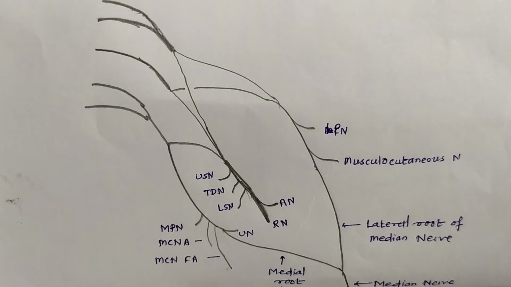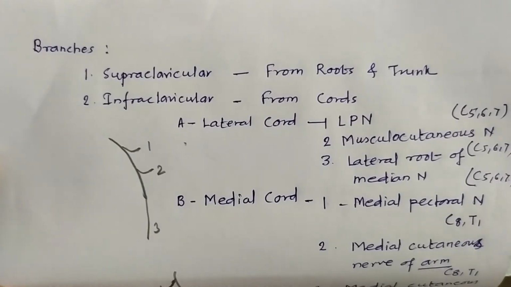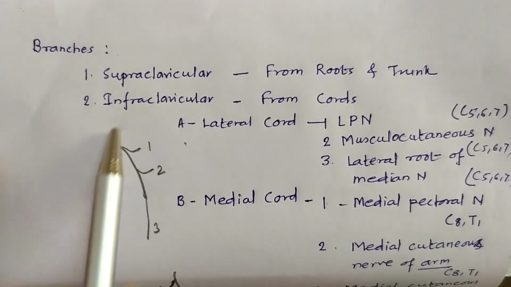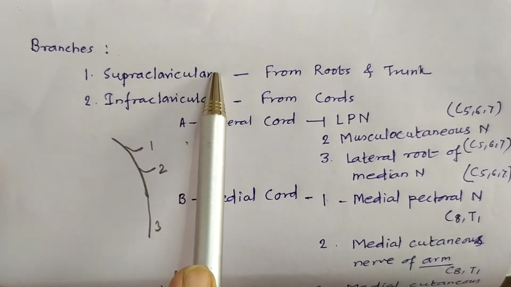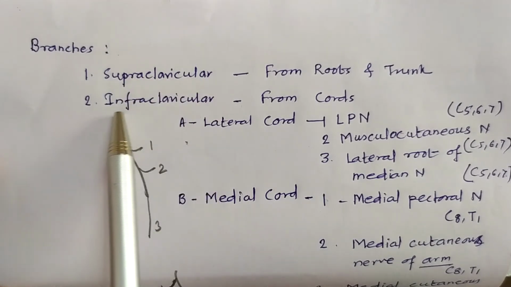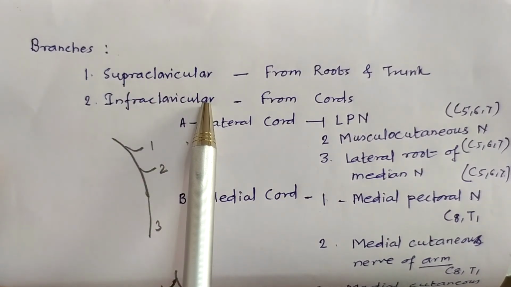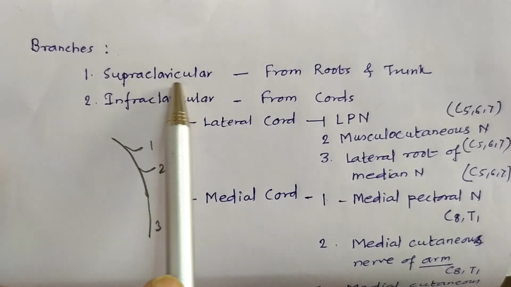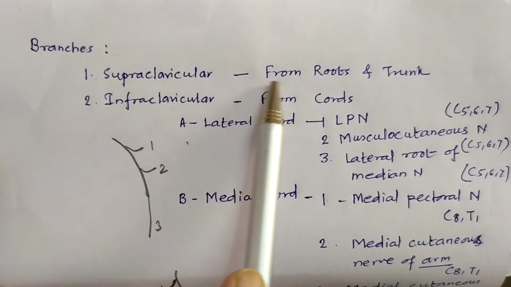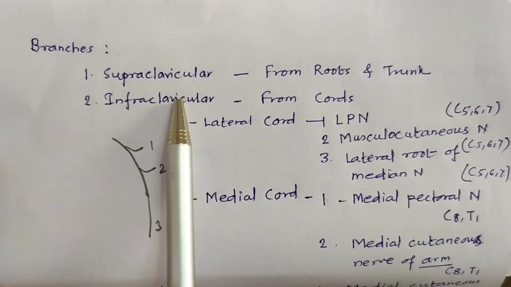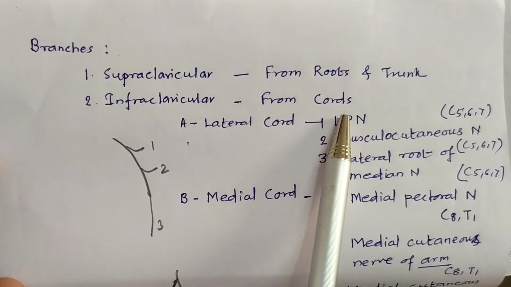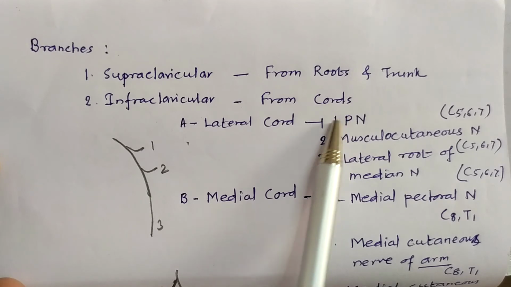So total there are 13 branches. The branches from the brachial plexus can be divided into two groups: the supraclavicular branches and the infraclavicular branches. Supraclavicular branches are from roots and trunk, while infraclavicular branches are from cords.